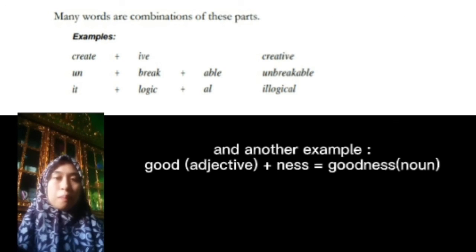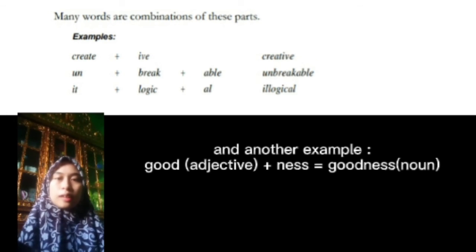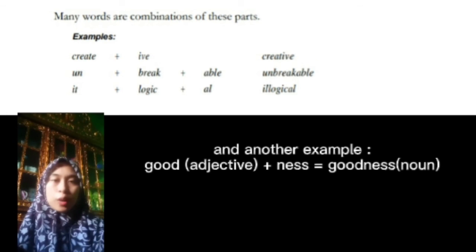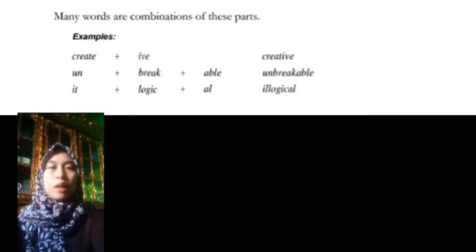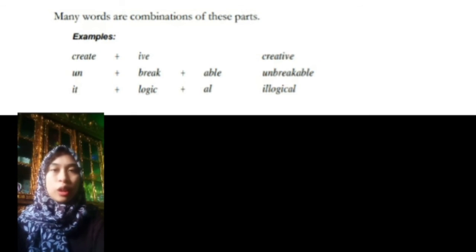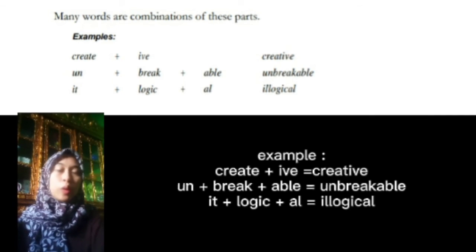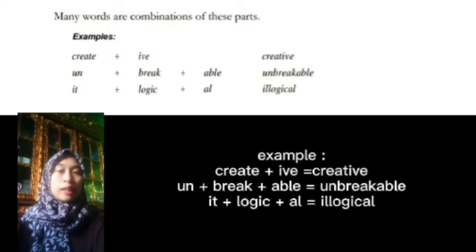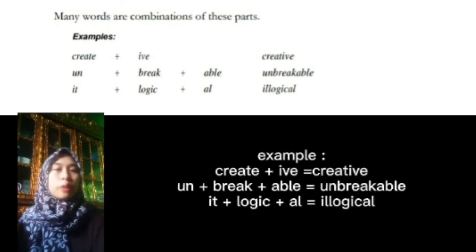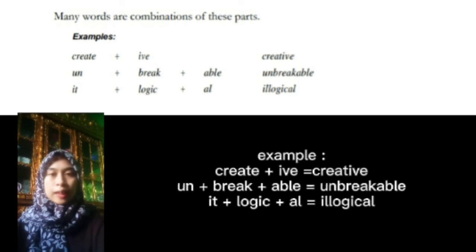Another example, good, adjective, plus ness becomes goodness, noun. Many words are a combination of these parts. Example, create plus ive becomes creative, un plus break plus able becomes unbreakable, and il plus logic plus al becomes illogical.